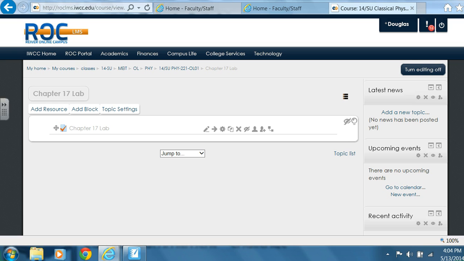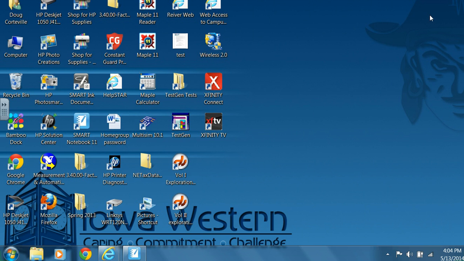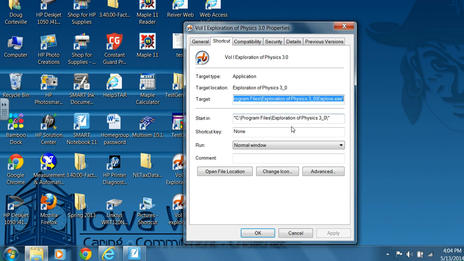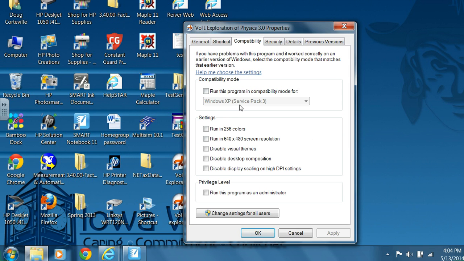Now I promised to show you compatibility mode, and so on the icon, if I do a right mouse click on my icon, I can go to properties and I can tell it to run it, and in this case I can tell it to run it in XP Service Pack 3 or some other thing.